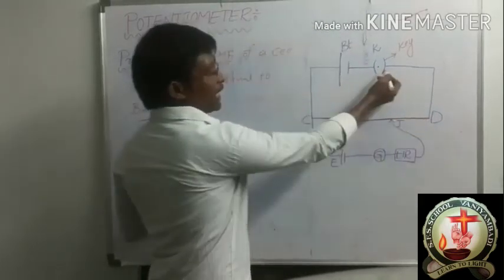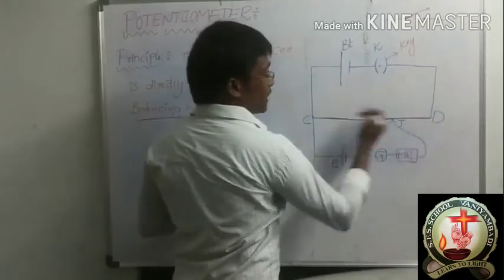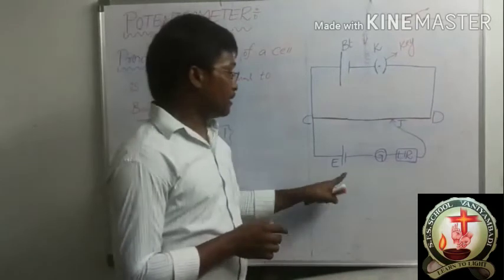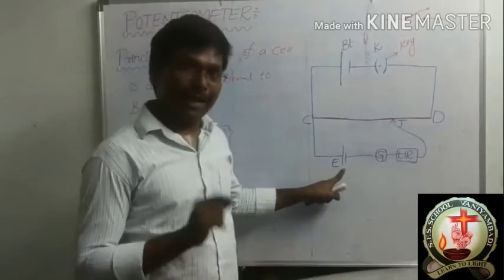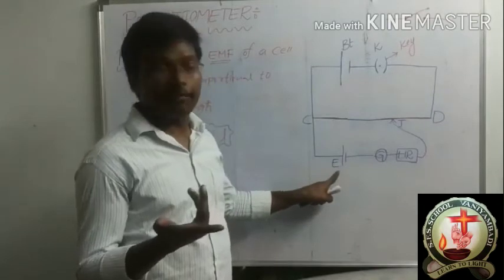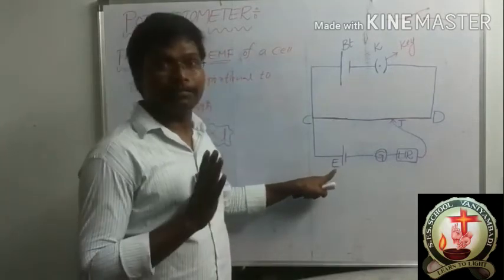This is the battery, the key, the potentiometer wire, and this is the electric cell. This electric cell has some amount of EMF, which I denoted here as E.